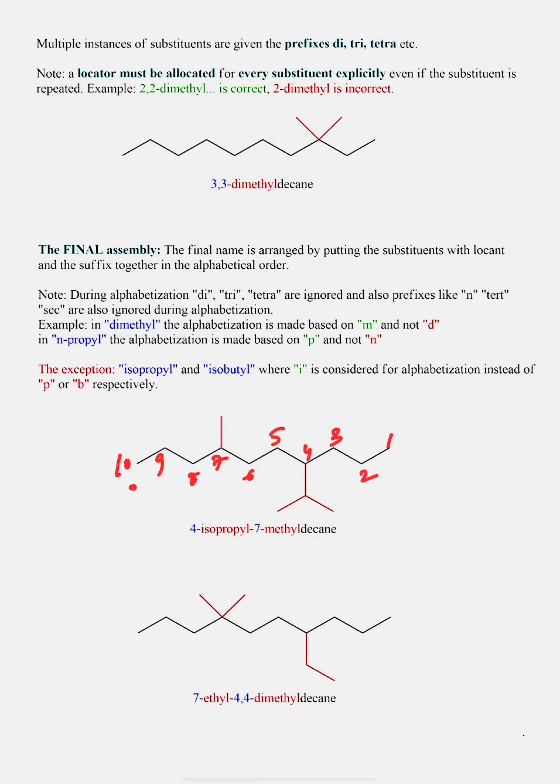Which will I choose here? I'll go through alphabetical order. Now, the lower number should be given to the group that comes alphabetically first. Here, it's I before M, because isopropyl starts with I and methyl starts with M. So it's correct to give 4 to isopropyl and 7 to methyl rather than giving 4 to methyl and 7 to isopropyl.